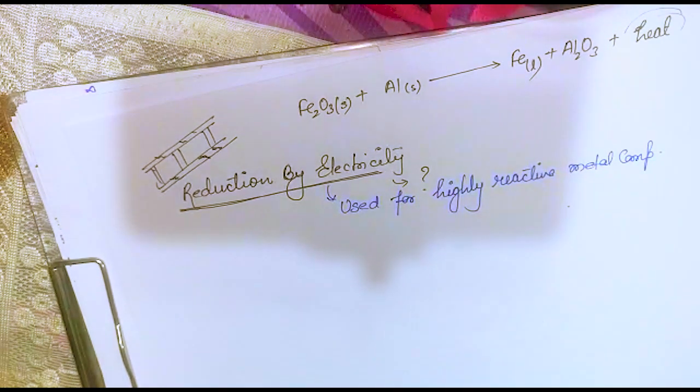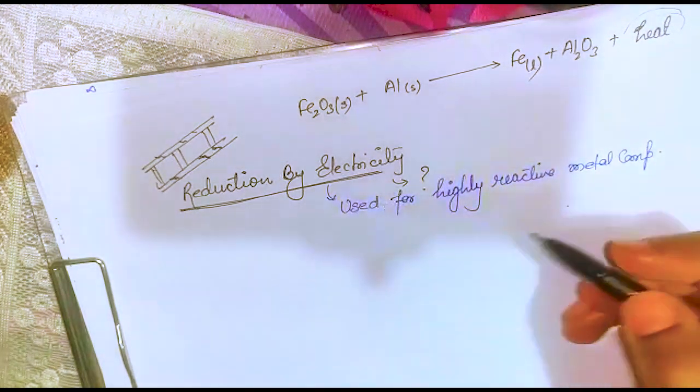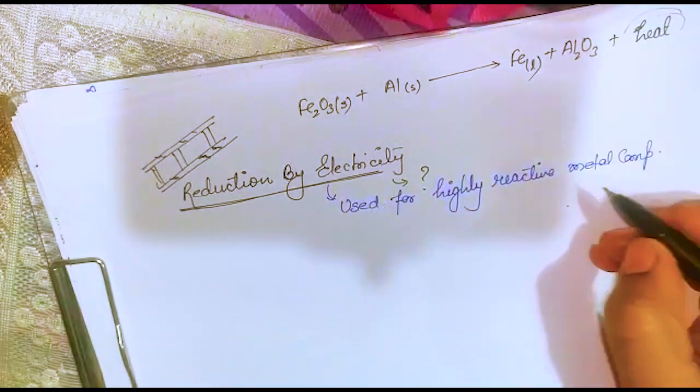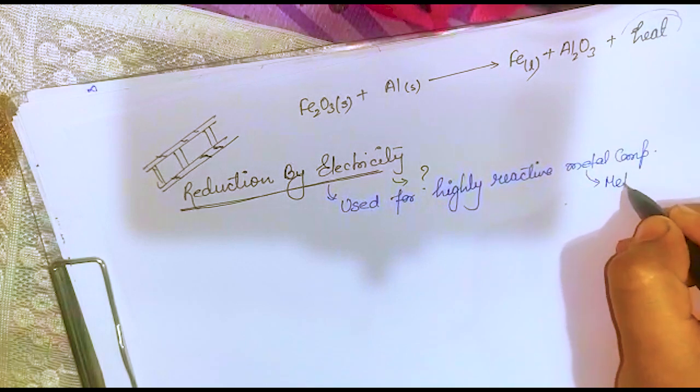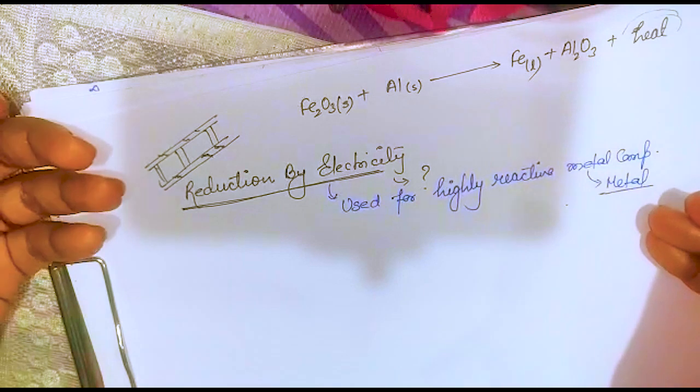For these metal compounds, we pass an electric current and we directly get the metal. Got it? We get the metal, and that is the purpose that we want, isn't it?